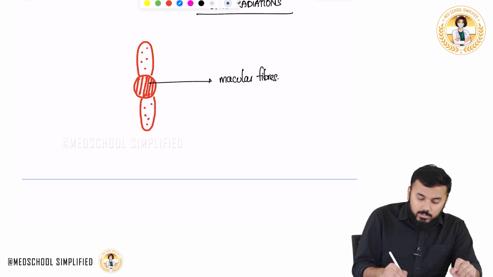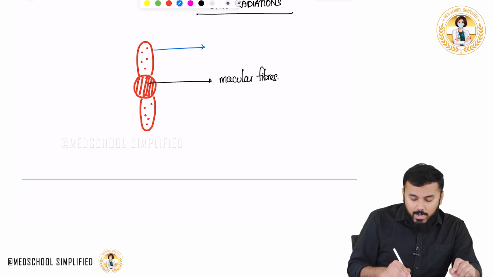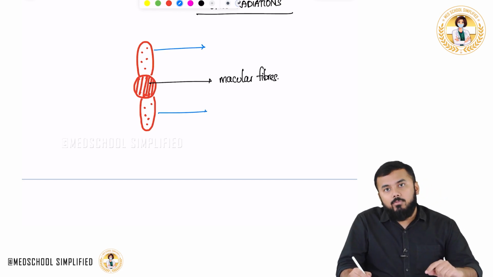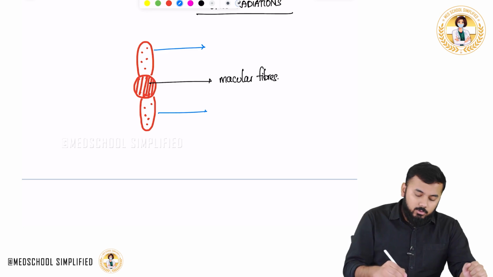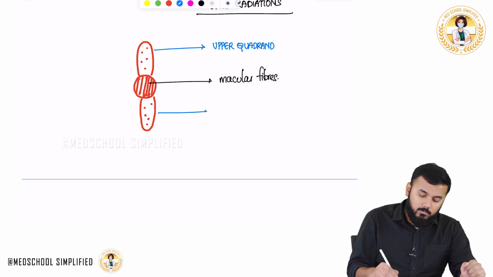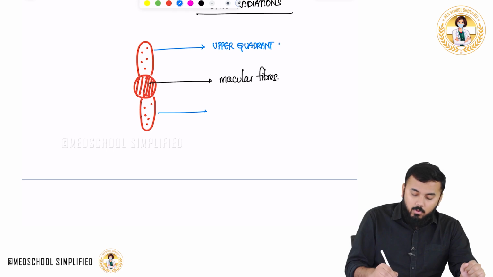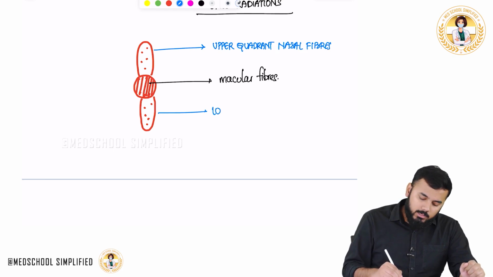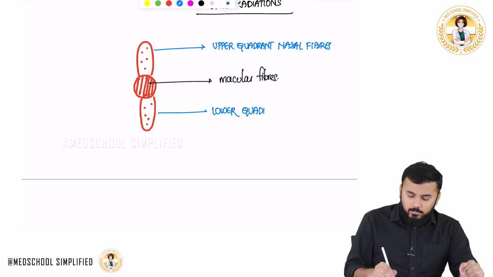They are called nasal fibers. This is called the upper quadrant nasal fibers, and these are called the lower quadrant nasal fibers.